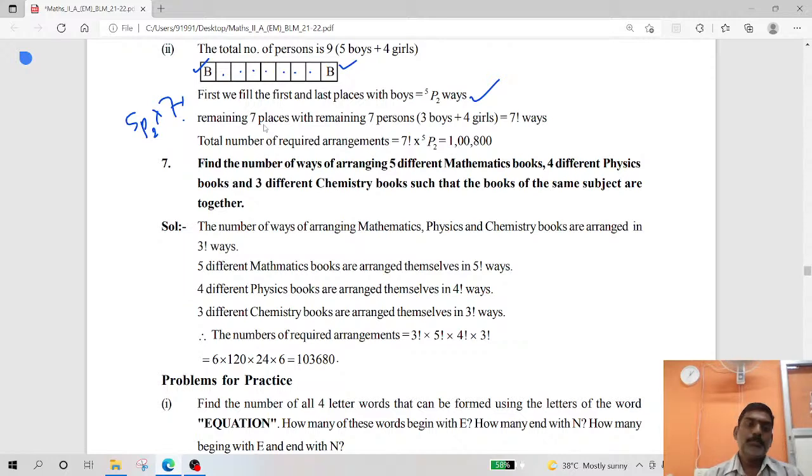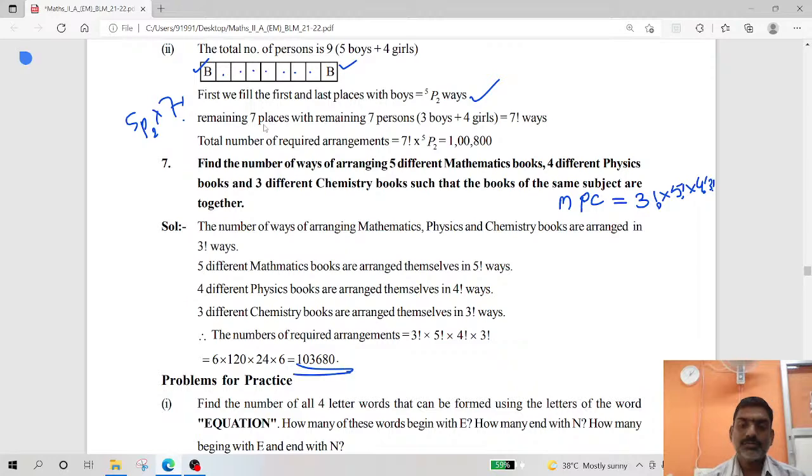So take the 5 mathematics books as one set, the 4 physics books as one set and the 3 chemistry books as one set. MPC is there. So in 3 factorial ways we can arrange them, but internally mathematics can be arranged in 5 factorial ways, physics in 4 factorial ways, and chemistry in 3 factorial ways. So finally, what is the answer? Okay, this is the answer.